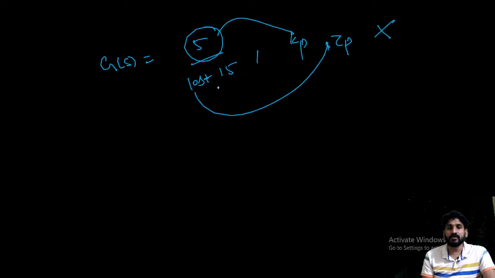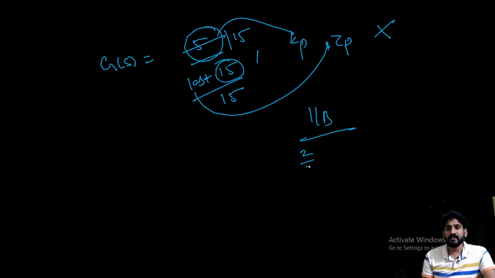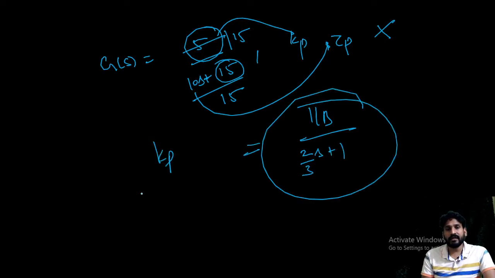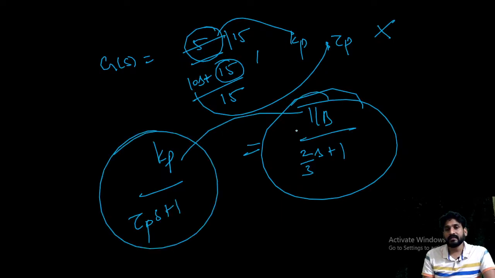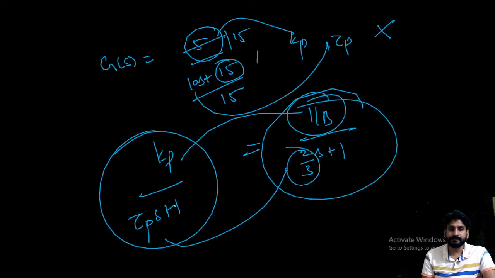Why? Because this is not plus 1, it is 15. So what to do? Just divide the whole equation, denominator and numerator, by 15. It is now 1 by 3 divided by 2 by 3 s plus 1. Now this is converted into Kp divided by tau p s plus 1. Now you can compare: Kp is 1 by 3 and tau p is 2 by 3.